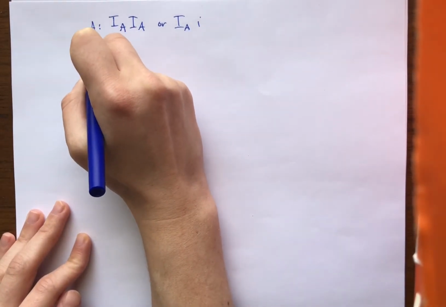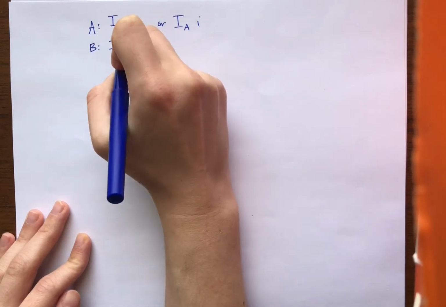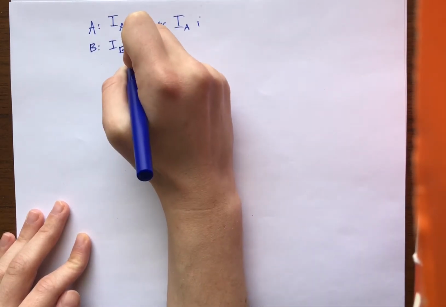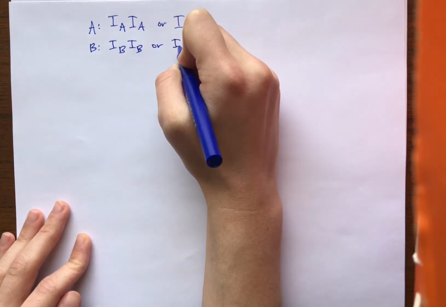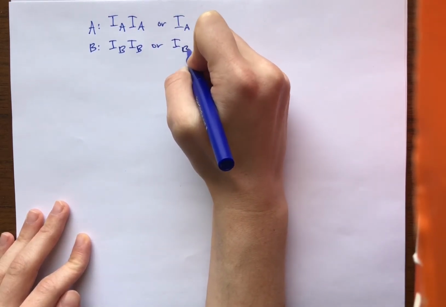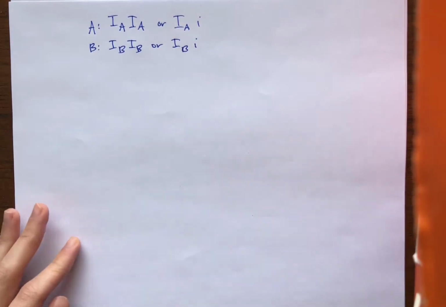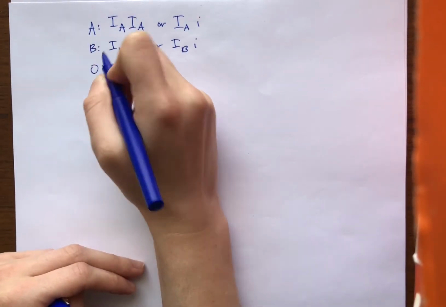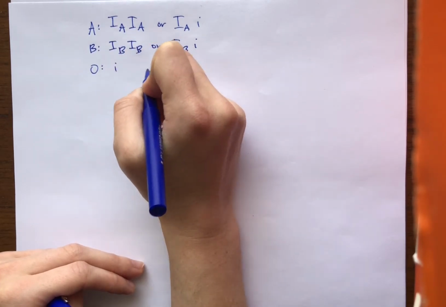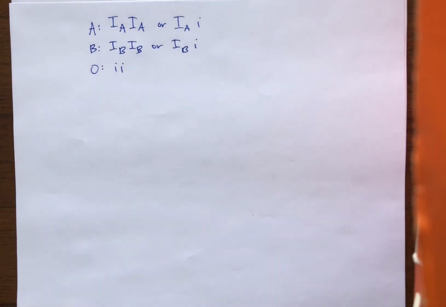For blood type B, we also have two possibilities: big I B, big I B, or heterozygous, big I B, small i. And for blood type O, one possibility is small i, small i.